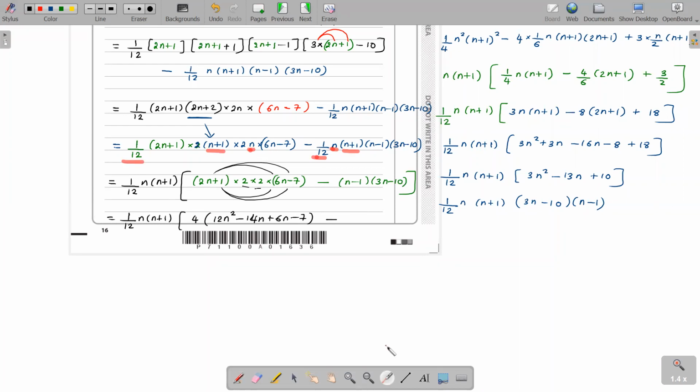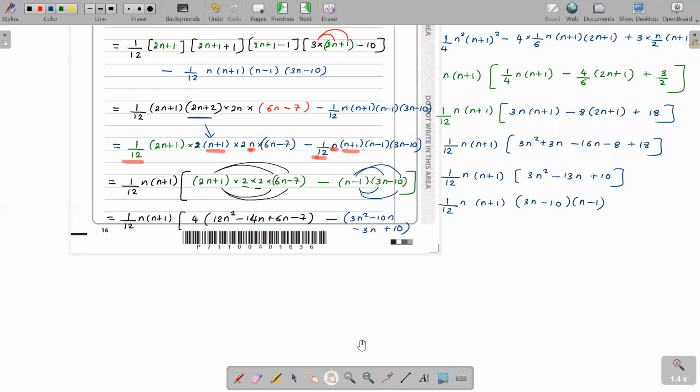Now be careful, there's a minus sign out here, so put a bracket before you open the bracket. n into 3n is 3n square. n into minus 10 is minus 10n. Minus 1 into 3n is minus 3n. Minus 1 into minus 10 is plus 10.